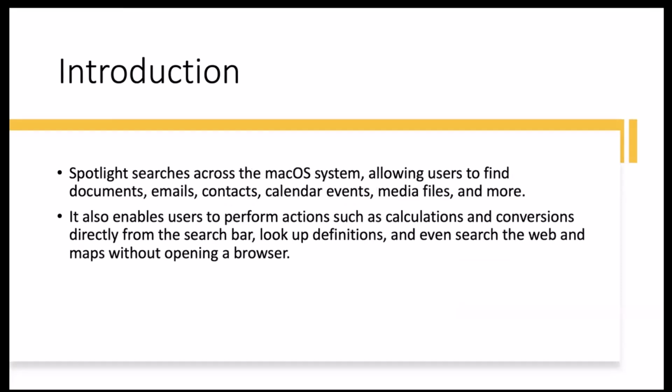Spotlight searches across the Mac OS system allows users to find documents, emails, contacts, calendar events, media files, and more. It also enables users to perform actions such as calculations and conversions directly from the search bar, look up definitions, or even search the web and maps without opening a browser.